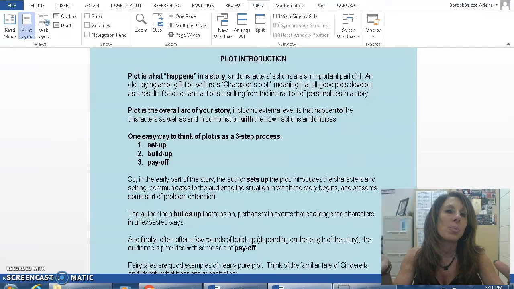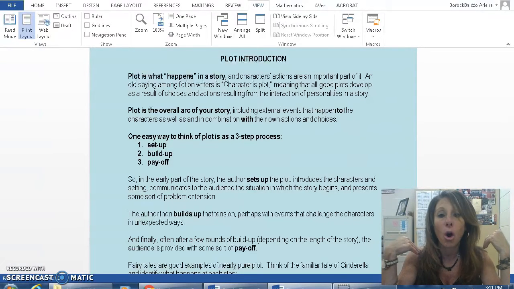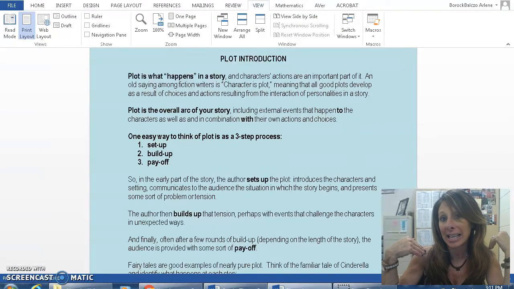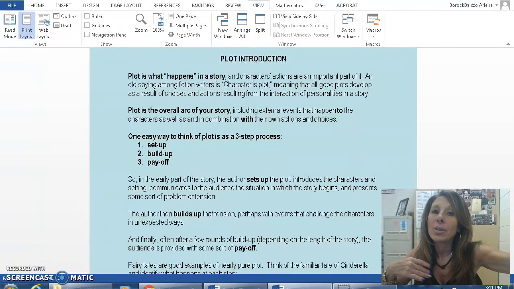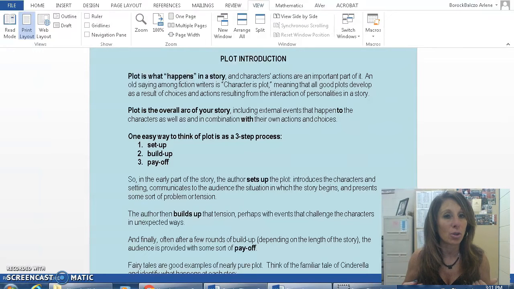So plot moves based on how other characters affect the main characters of the story, as well as choices that main character makes all by himself, or actions he takes all by himself. So there's external interactions as well as internal interactions within himself, the main character, that affects the plot.